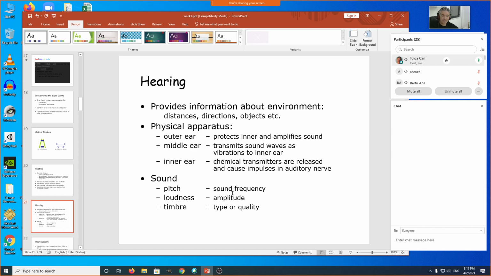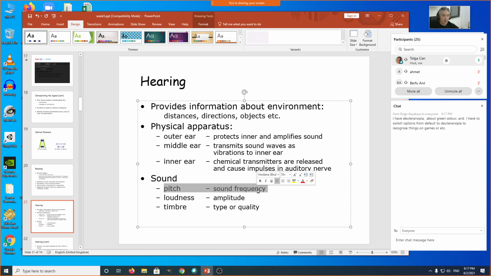And the characteristics of sound usually are indicated in three different parts. Pitch is the note of the sound, whether it's low or high in terms of note. It's the frequency.